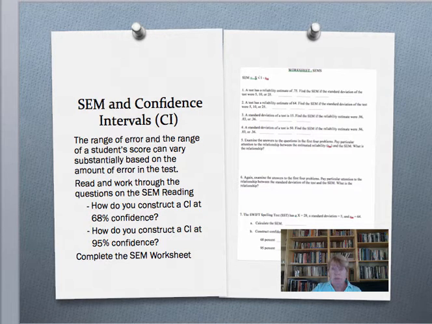Okay, so did you read through that exercise? If you did, you should be able to answer these two questions, and you should be beginning to understand confidence interval a little bit better. The first question is, how do you construct a confidence interval at 68% confidence?